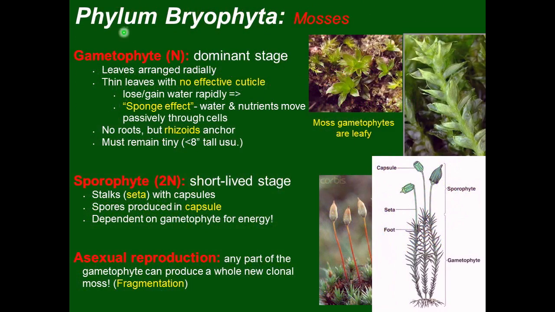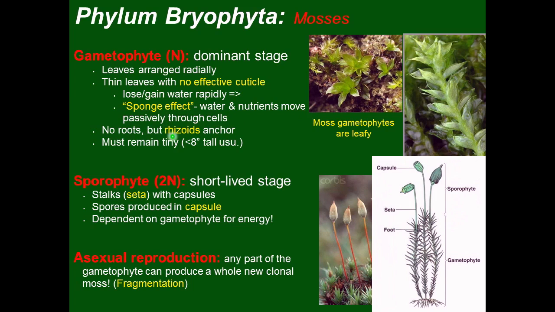Phylum Bryophyta, which are the true mosses, they have a gametophyte dominant stage. The leaves are arranged radially. The thin leaves with no effective cuticle, so they lose or gain water rapidly. They have a sponge effect, so water and nutrients move passively through their cells.